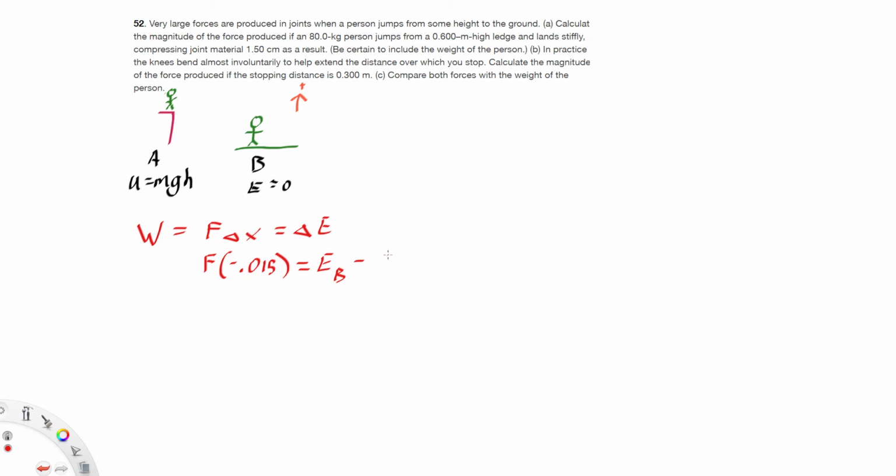And then what we mean by change in energy is just the energy at situation B minus the energy at situation A, which is going to end up being 0 minus mgh, so minus mgh. There we go. So the average force that our bones must exert is equal to mgh over 0.015, which is equal to 80 times 10 times 0.6, all over 0.015.